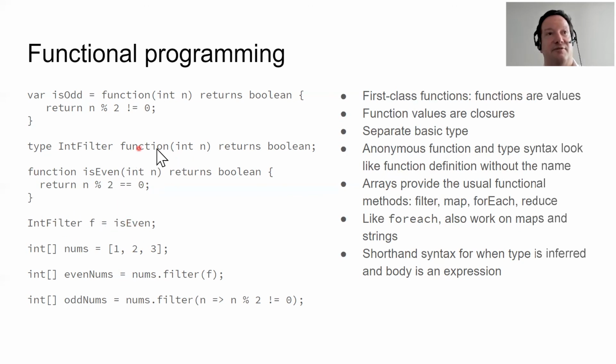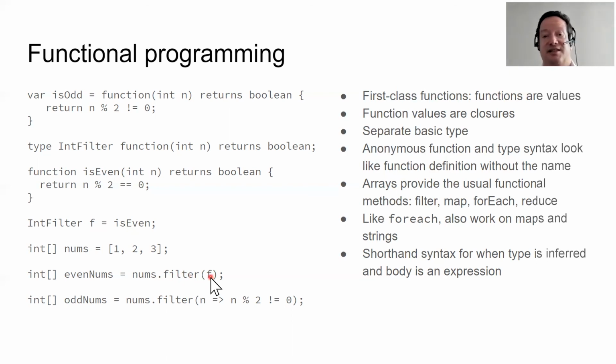So I can write the type of function like this and give it a name, int filter. I can have a variable f of type int filter, and I can refer to the function I found using the normal syntax, and that will give me a value of type function. Suppose I've got an array of numbers. We have the lang.array langlib module that has a bunch of different functions on arrays, and one of them is filter.